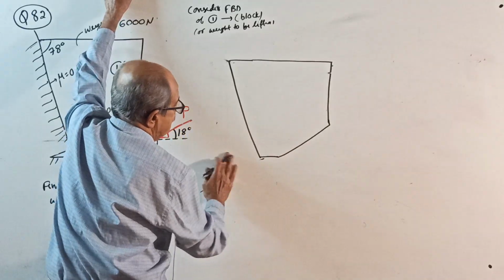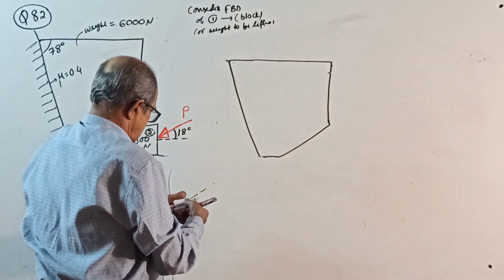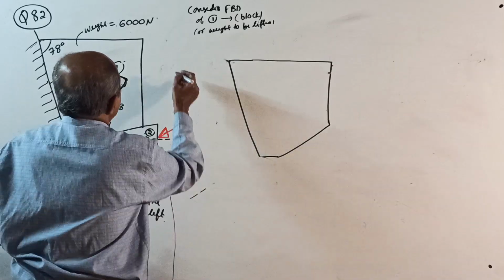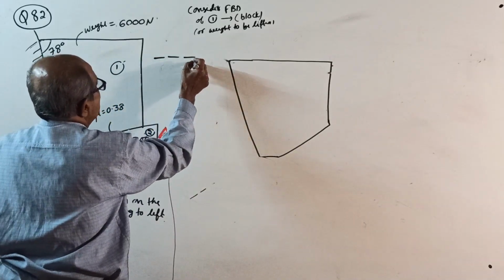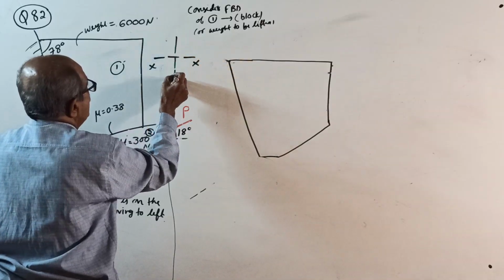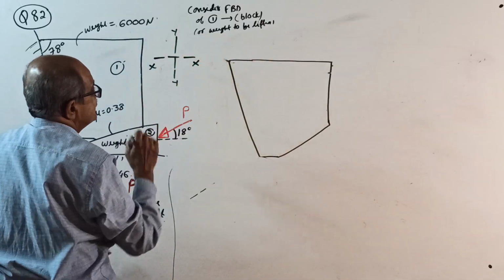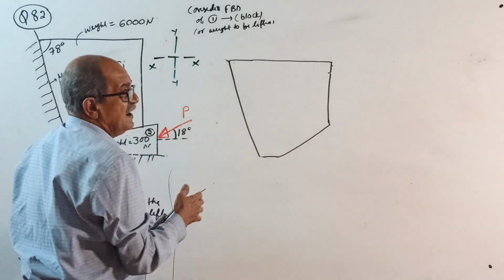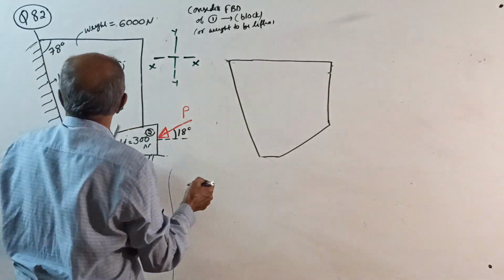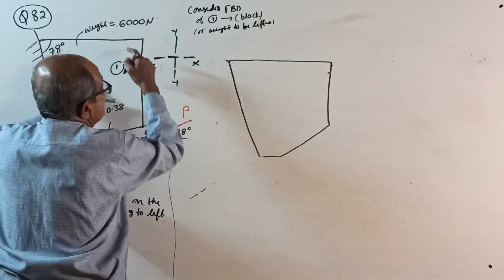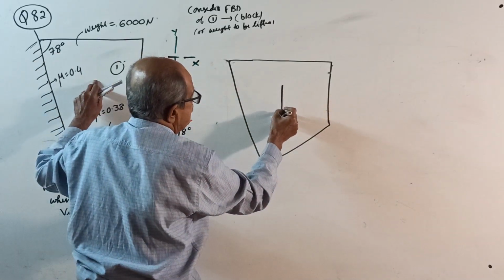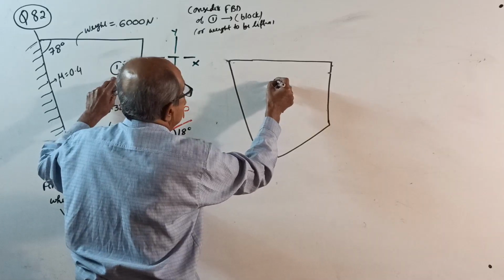See here. And remember, as usual I told, from now onwards this is X, this is Y. I told the reason last time. So therefore, no inclined plane resolution now, direct. See, weight 6,000 Newton.